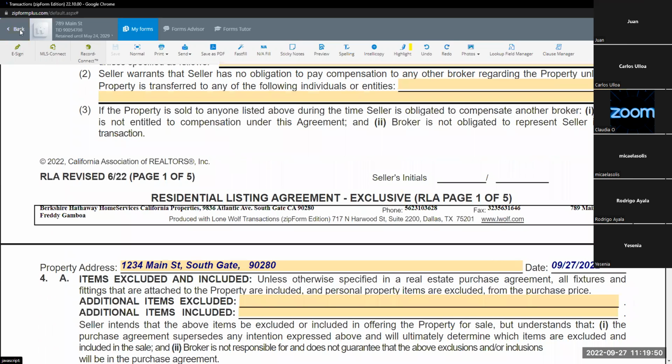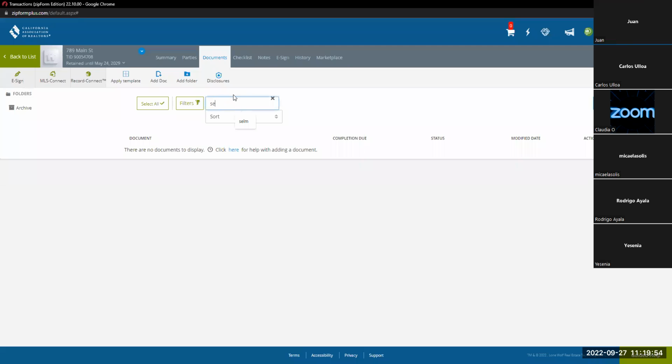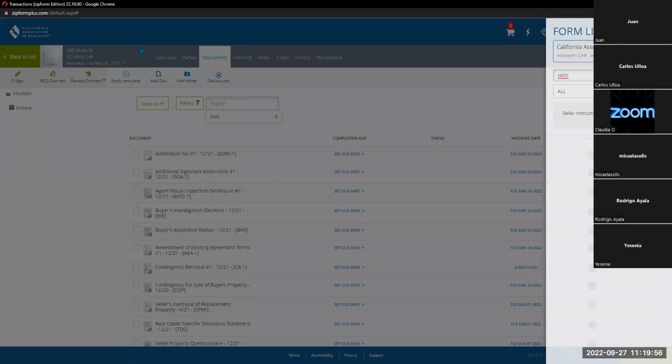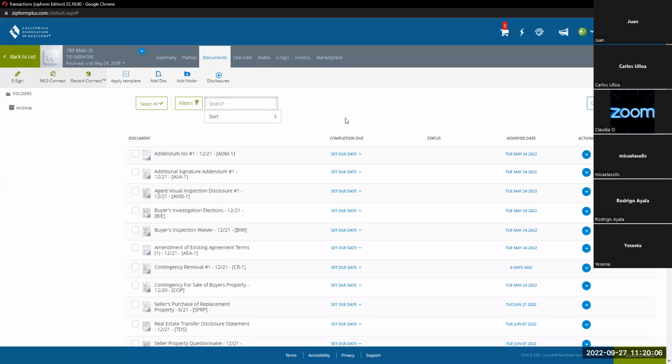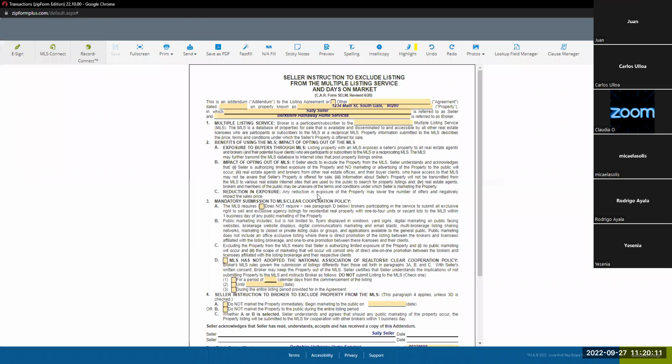I'm going to go back to my CAR form, SELM, and that form gives me the options to exclude it from the MLS for days, to a date, or for the entire listing contract. Let me bring it here, let me make it big, and there it is.